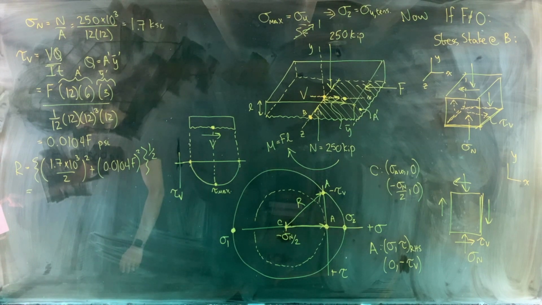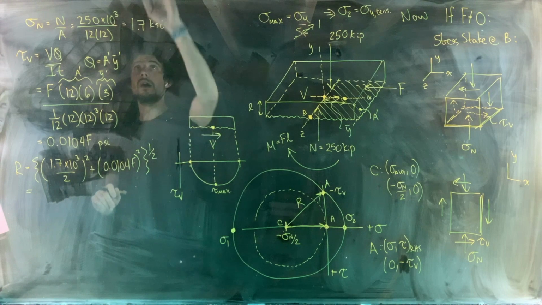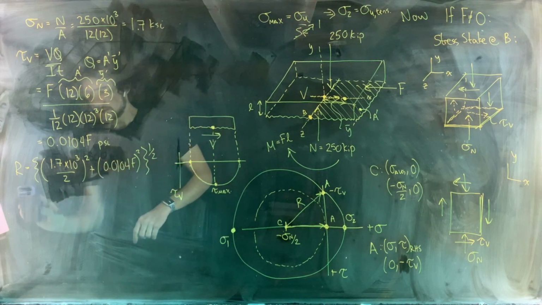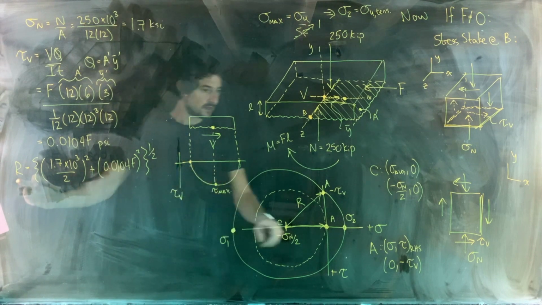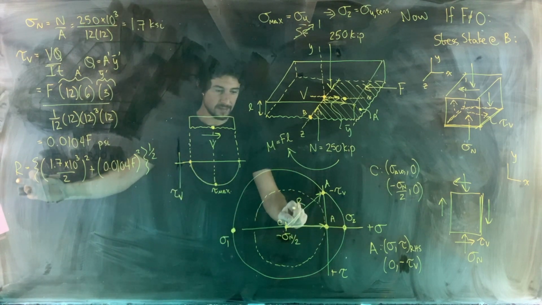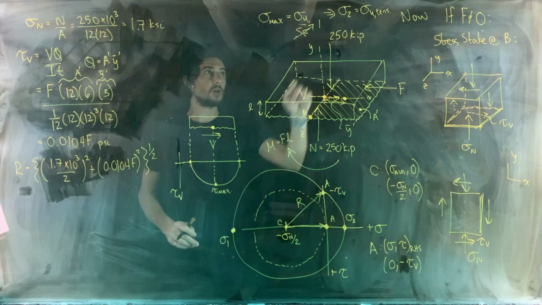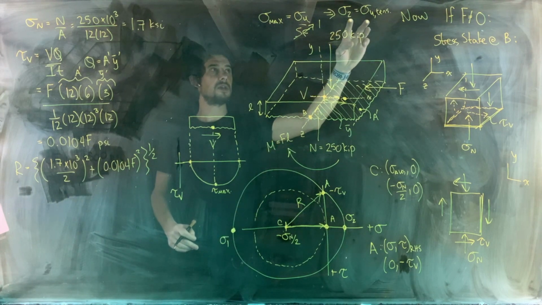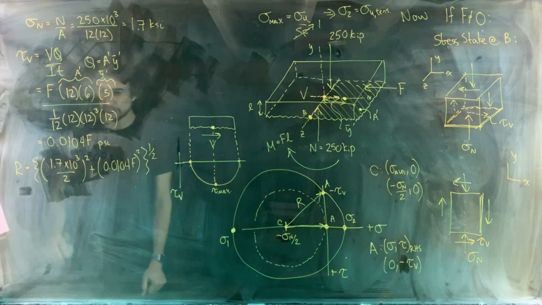Now, did I give myself an equation for that? No, I didn't end up simplifying that. But that's okay because we're almost there. So to get sigma 2, we're just taking that value of the radius and adding it back onto the value of C. So let's actually now take the equation that we want to solve and write in everything that we need.